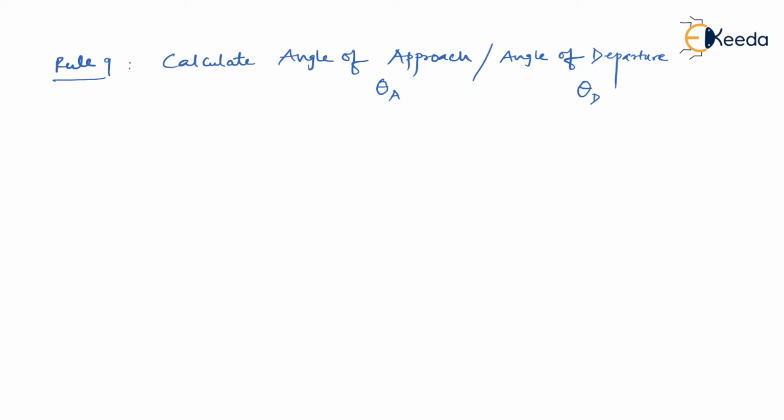Let us understand in which cases we do require the angle of approach and angle of departure. First of all, rule number 9 is applicable only and only when you have complex conjugate poles or complex conjugate zeros in your system. So let me write that.